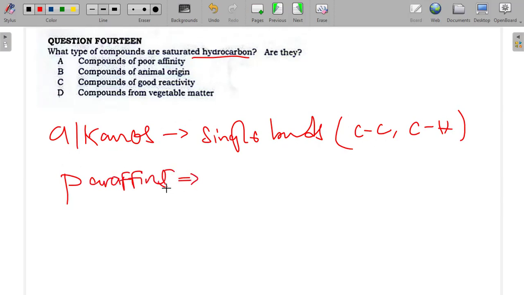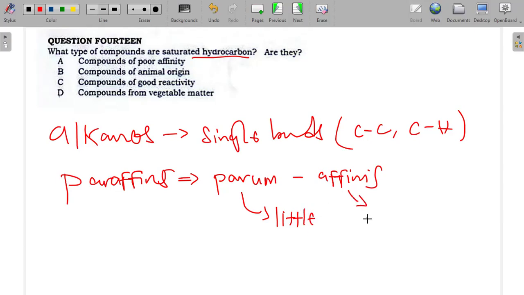Now paraffin comes from a Greek word, parum and affinis. Parum simply means little, and affinis means affinity. So in other words, paraffin means little affinity, meaning poor affinity, or poor reaction.